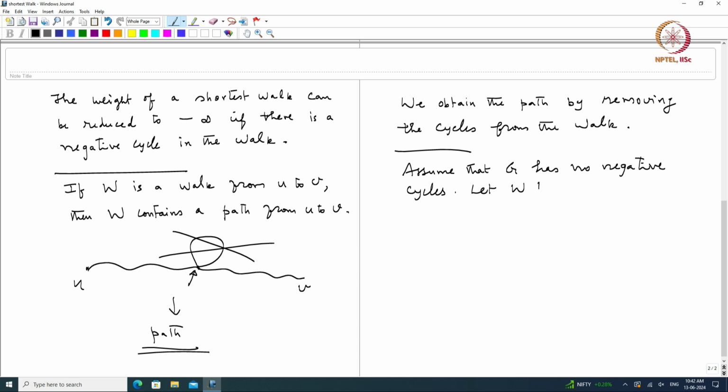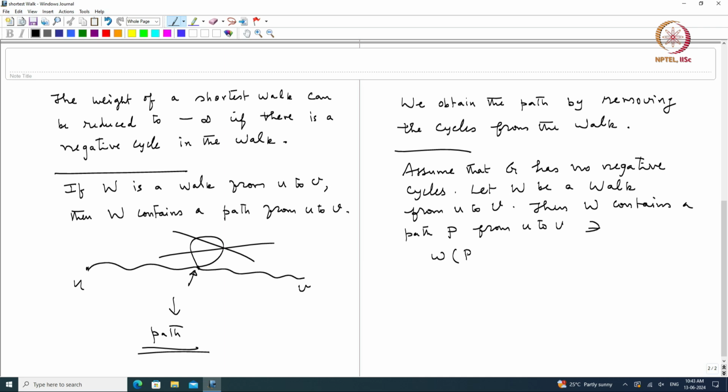Let W be a walk from U to V. Assume that G has no negative cycles and let W be a walk from U to V, then W contains a path P from U to V such that weight of the path is less than or equal to weight of the walk.